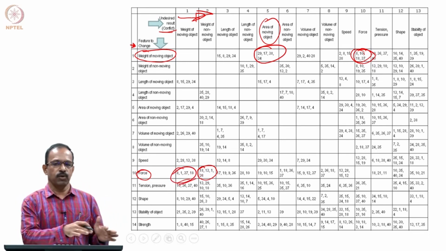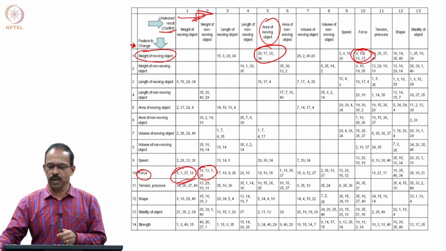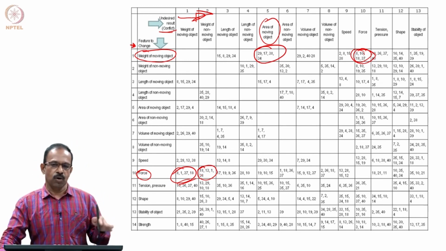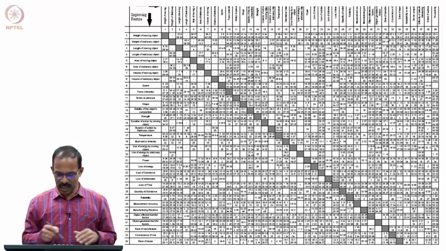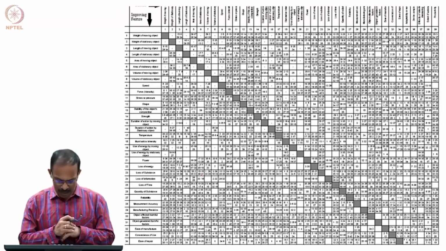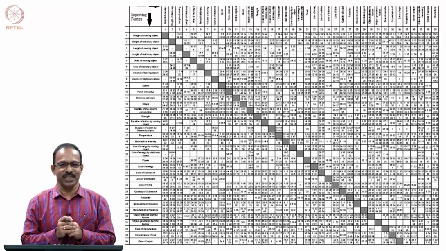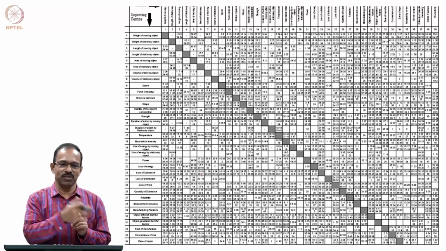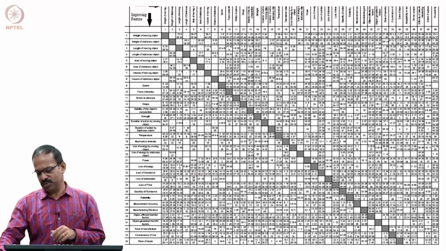This way, by looking at the matrix, you will be able to find out which principle can be used to solve the problem. This is the whole 39 by 39 matrix, just for your information, and you do not need to remember this matrix or the principles. You can always refer to the standard table and find out which principle to use.